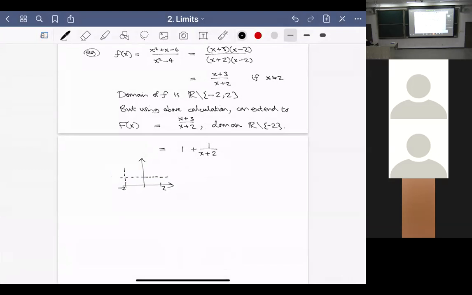Let's draw that in. Something like that.